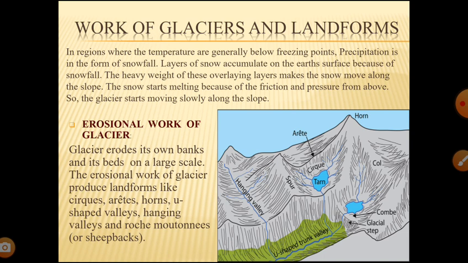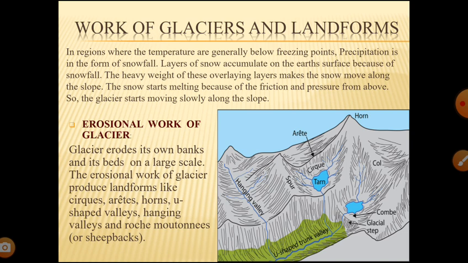Now the next one is work of glaciers and landform. In regions where the temperature is generally below freezing point, precipitation is in the form of snowfall. Layers of snow accumulate on the earth's surface because of snowfall.